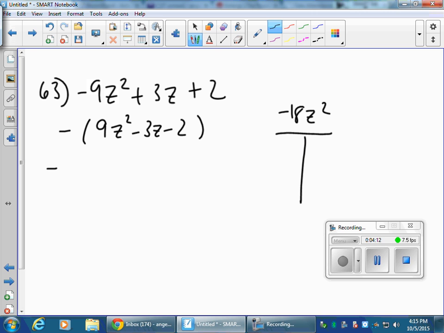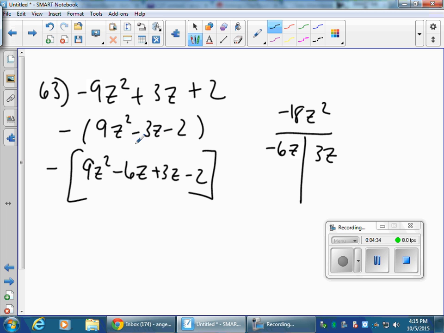So I need two factors that multiply to give me negative 18 and add up to negative 3z. How about 6 and 3? Negative 6z and positive 3z. So I'm going to rewrite this trinomial, and it becomes 9z squared minus 6z plus 3z minus 2. I just replaced this minus 3z because this is equal to minus 3z.